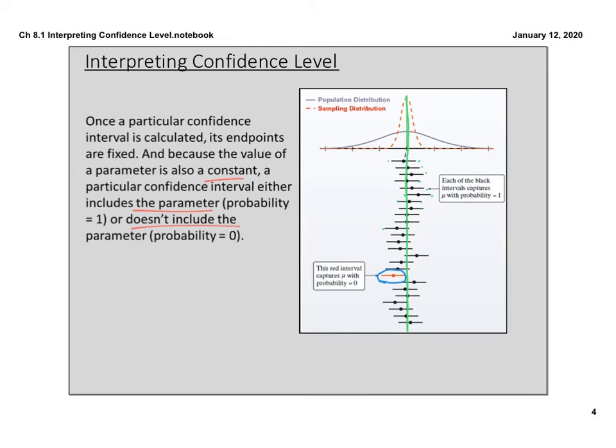So our confidence level means that all of the ones in black that included the mean are where we were confident that the confidence interval included the true population proportion. It was only that one in red that did not include the parameter.